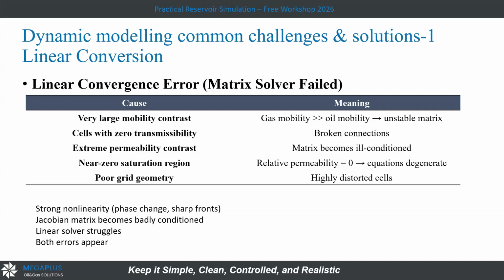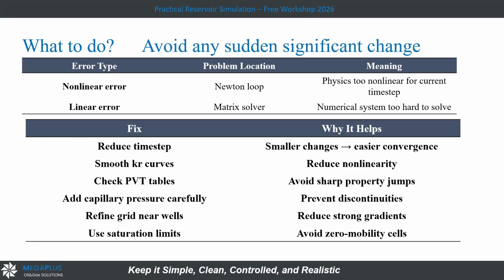If you have a large mobility contrast between oil and gas or oil and water, it is related to the steepness of the relative permeability curve. It will make the matrices and the continuity equation iterations suffer. The model will suffer, and sometimes it fails.